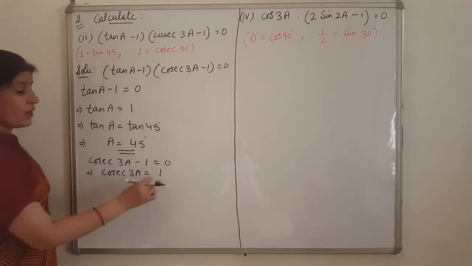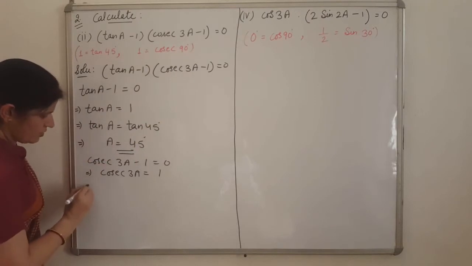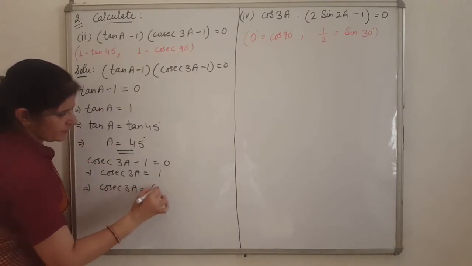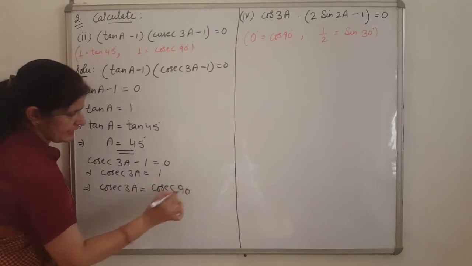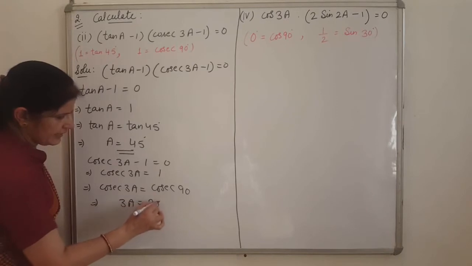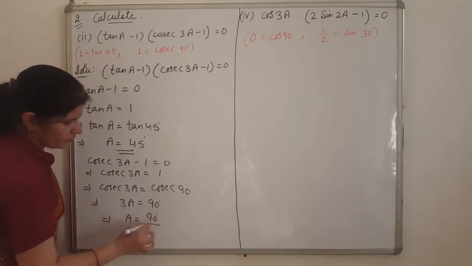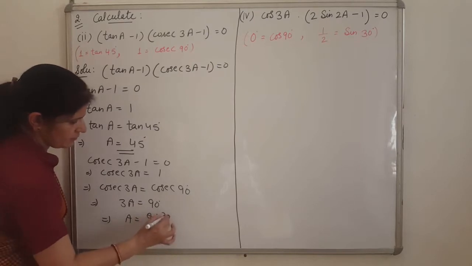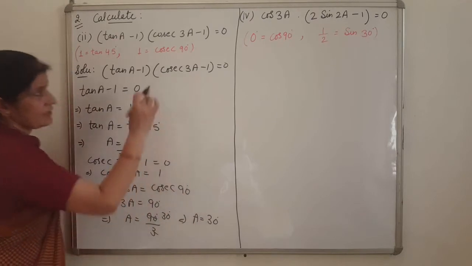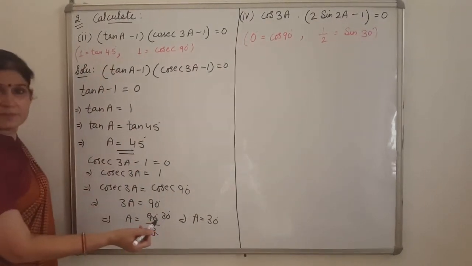In cosecant, 1 is the value of 90. So cosecant 3A equals cosecant 90. On comparing, 3A equals 90 degrees, and what is A? 90 over 3, reduce to the lowest term, and the value of A is 30 degrees. So in this part, A has two values, one is 45, one is 30.